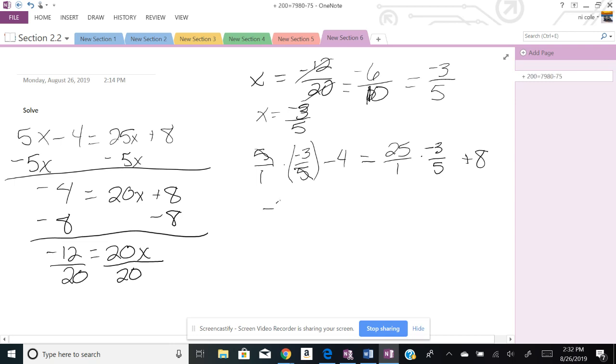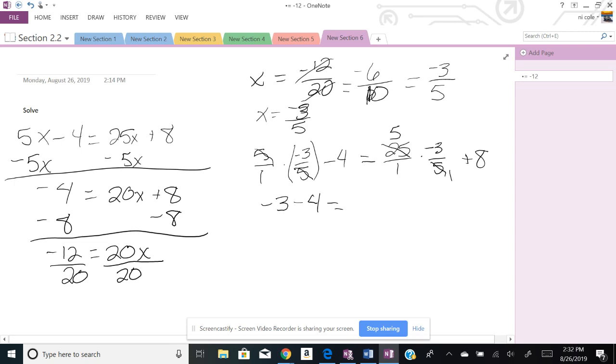So that's going to give you negative 3 over 1, or really, I would just write that as negative 3. You don't even have to write it as negative 3 over 1. So negative 3 minus 4 is equal to, now let's check these crosses. 25 and 5 have 5 in common, okay? 5 goes into 5 one time, and 5 goes into 25 5 times.